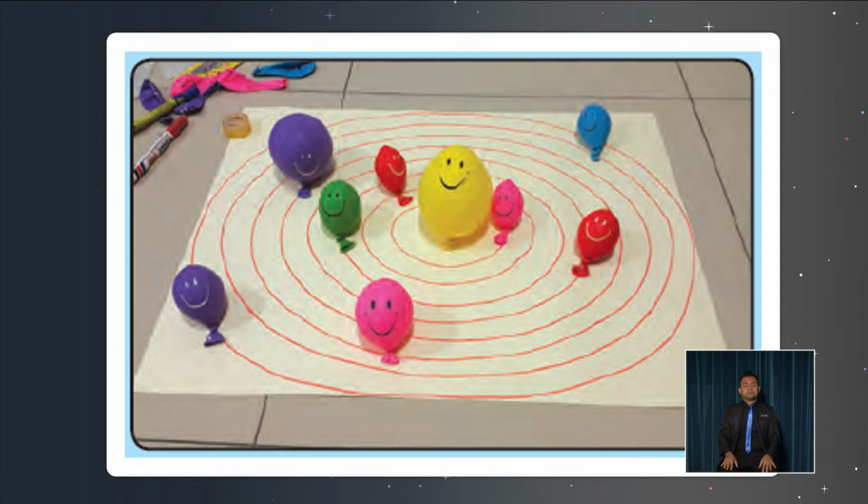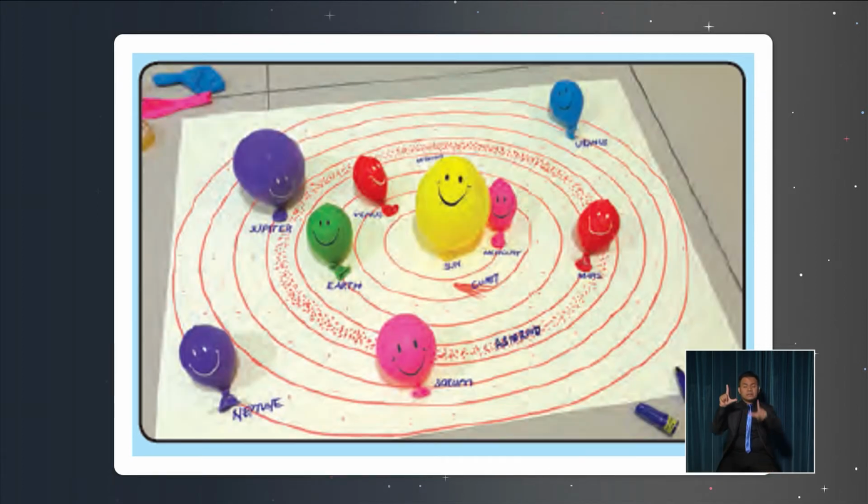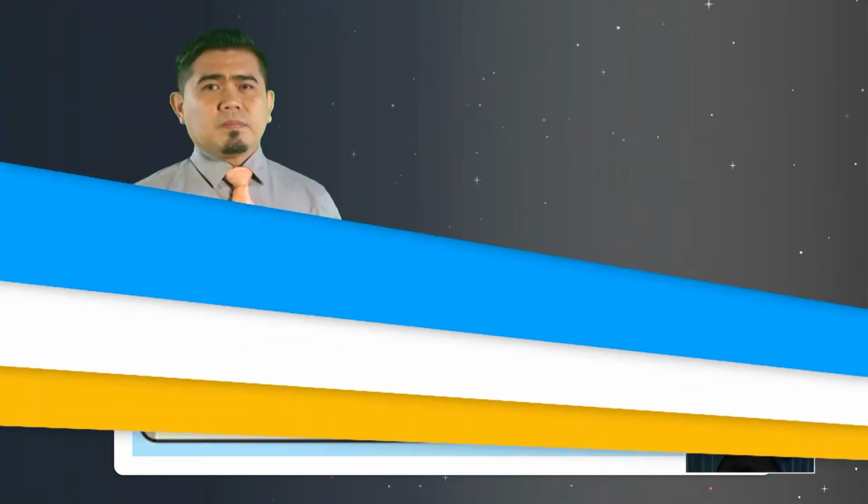Step 4. Label every planet. Draw the asteroids, meteorites, and comets on the manila cardboard. Finally, this is the product of solar system balloons.